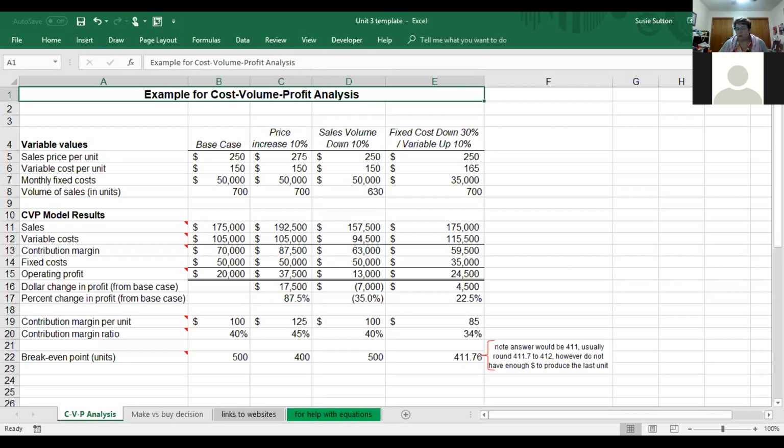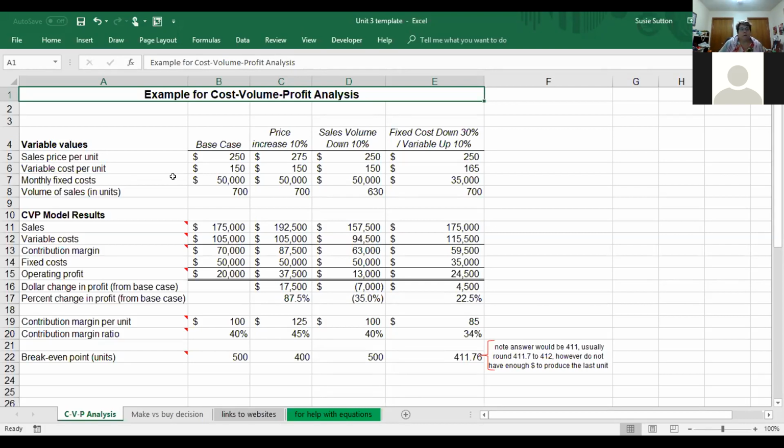The first exercise is going through cost, volume, profit analysis, and then also determining the break-even point. So this exercise, we had an example with the first case scenario where the selling price per unit was $250. Variable costs per unit was $150. Our monthly fixed costs for this company is $50,000.